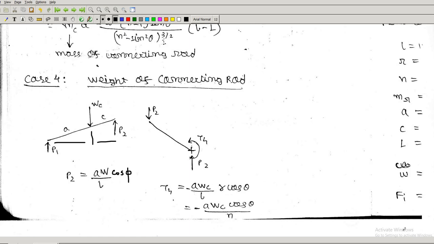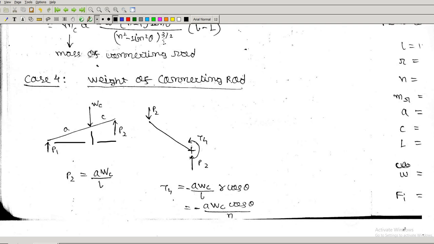No, it's okay. Sorry. So A W by L, because A is this length and L is also along this. So it's okay, A W by L, and A W C, that is the weight of the connecting rod also, you can make it. So here this is the torque coming due to the weight of the connecting rod.